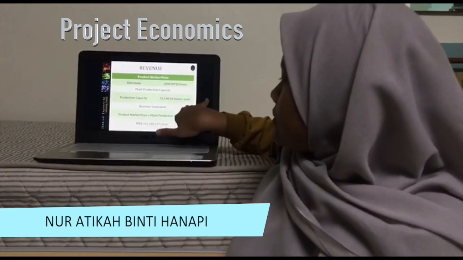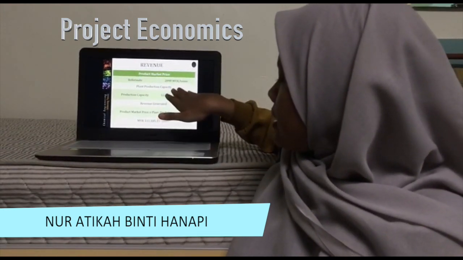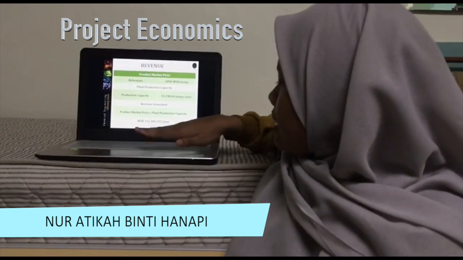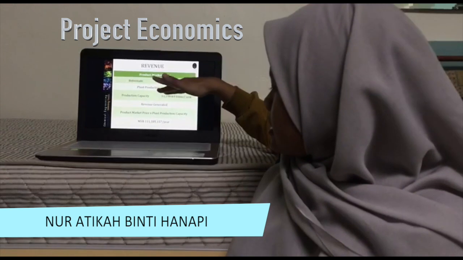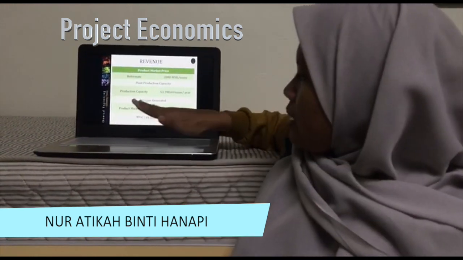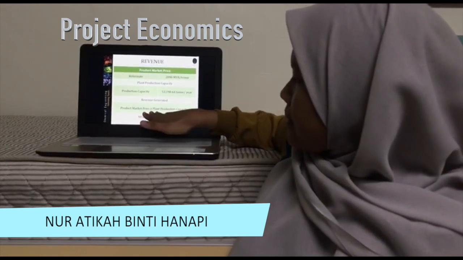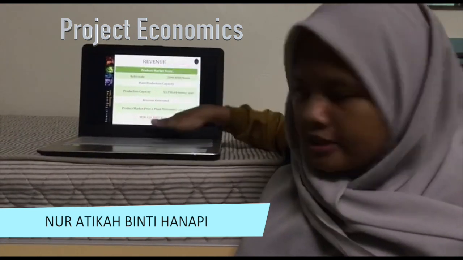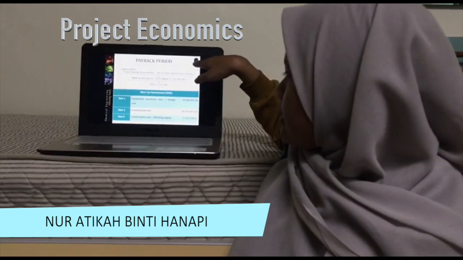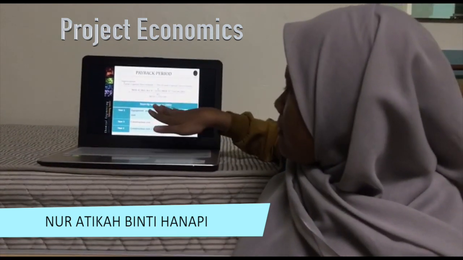This is our revenue: the price of reformate and the production capacity. The revenue generated is the product of the market price multiplied with the plant production capacity. This is to calculate our payback period.